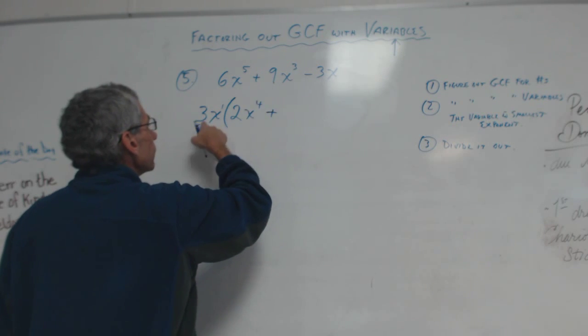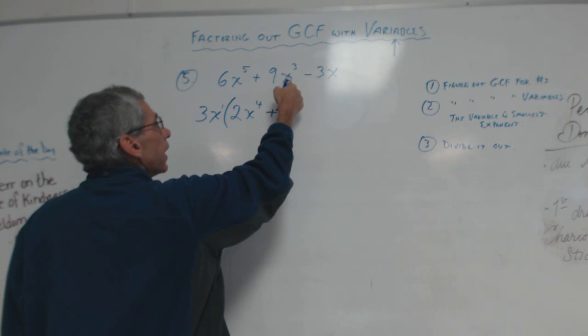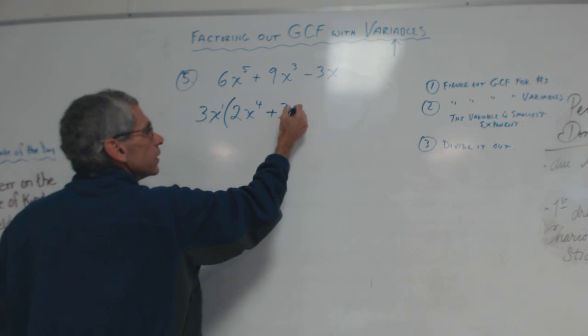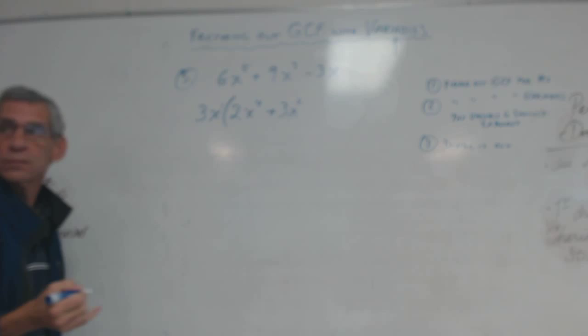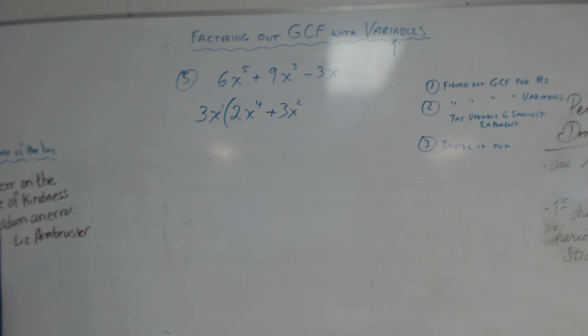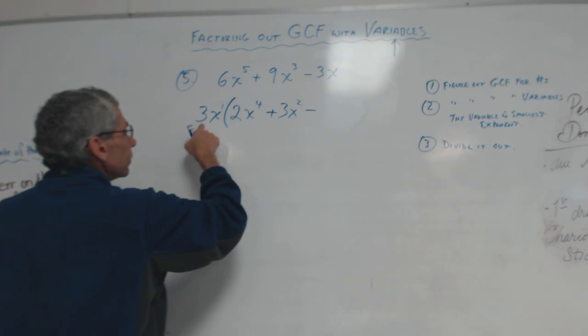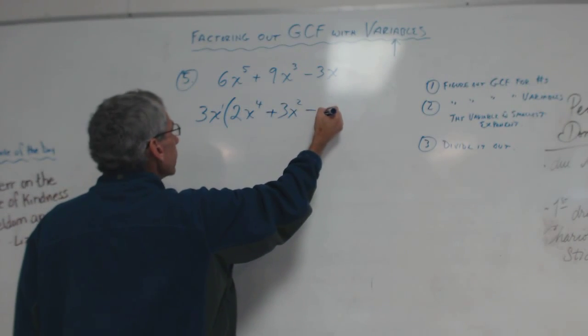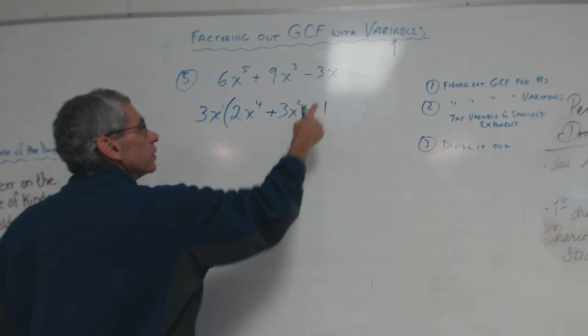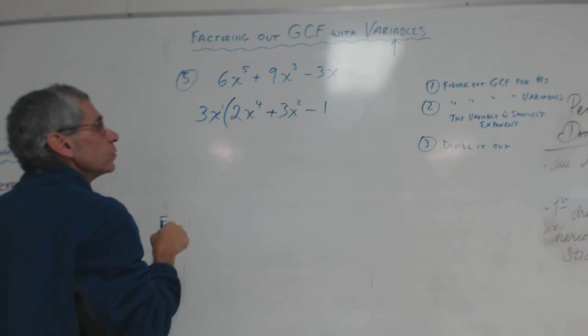Plus 9 divided by 3 is 3. X to the 3 minus 1 is x to the 2. The last one, minus 3 divided by 3 is 1. I will write a 1 because x divided by x is 1 as well.